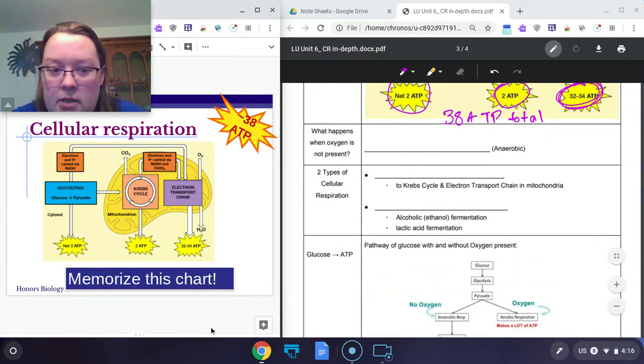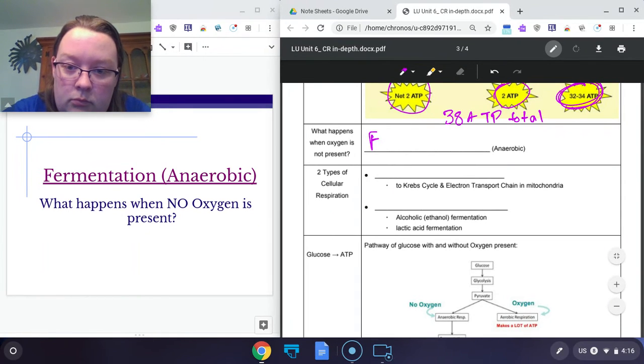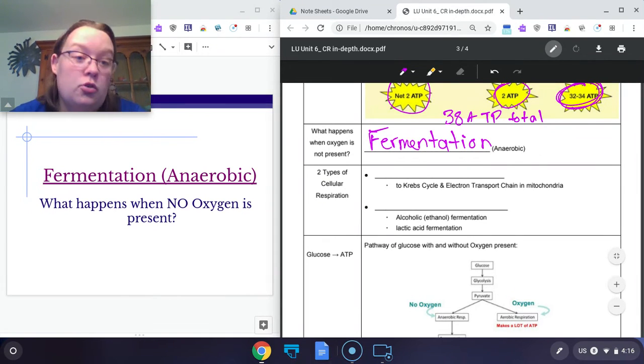And that's going to take us into fermentation. So cells like bacteria, they don't have mitochondria. They do glycolysis. And then after glycolysis, those pyruvates are used in a different process called fermentation.